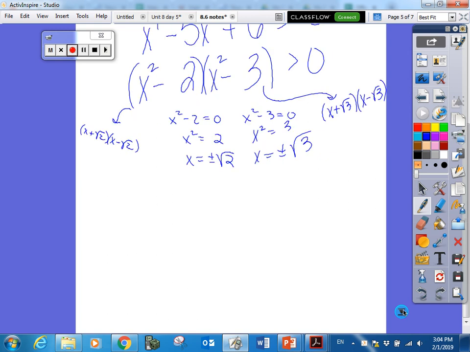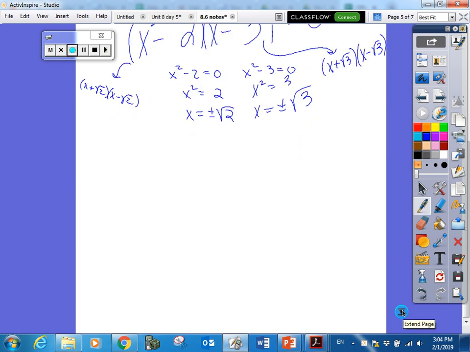All right, so we have these 4 roots. Plus and minus root 2. This is where that minus method is kind of nice, because we don't necessarily know what these values are. We should know that root 3 is bigger than root 2, therefore negative root 3 is smaller. So negative root 3, negative root 2, root 2, root 3.